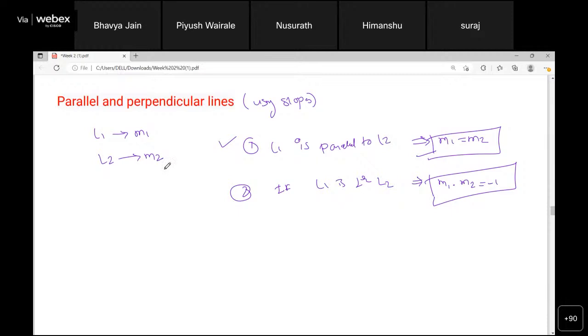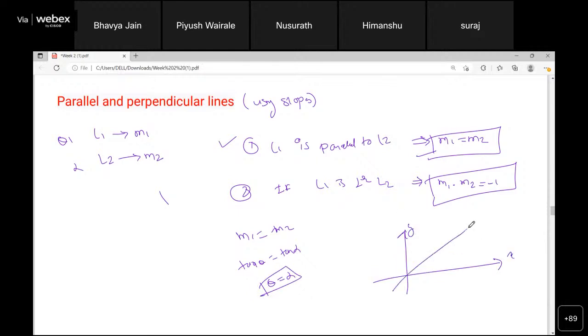And I can say if their slopes are equal, M1 equals M2, with inclinations theta and alpha, then tan theta equals tan alpha, that is, theta equals alpha also. So this is my line L1, and I am just moving this line parallel to itself.